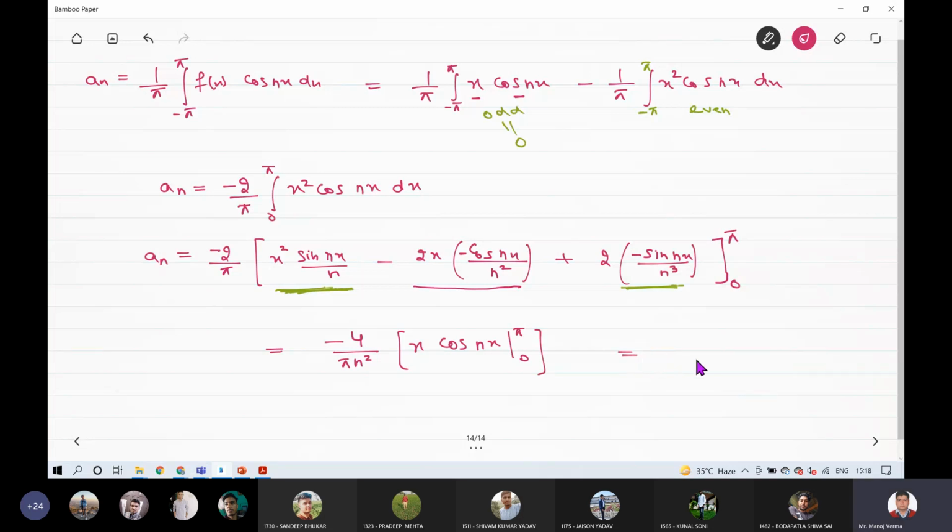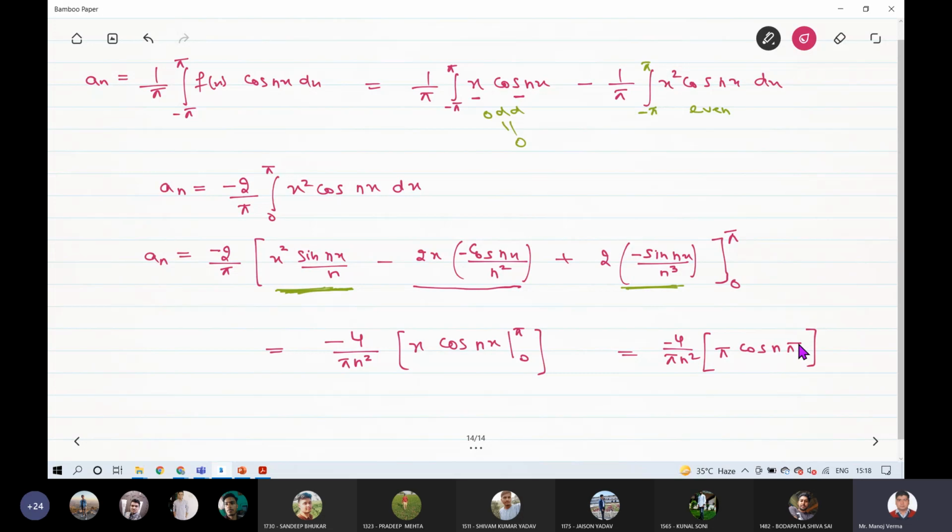Okay. So if I insert the limits also, then it will be minus 4 by pi n square. It will be pi cos n pi. And the second term, after inserting the lower limit, if we insert this 0, then x will become 0. Okay. So only the upper limit will remain.